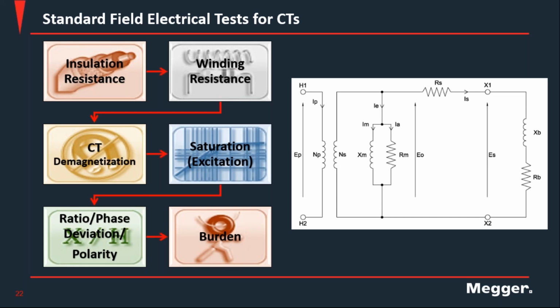Remember that the excitation curve has two sides. It has the linear part, the operation point where you want the CT to operate with low excitation current and relatively high voltage, and then you have the other linear part, the one that's beyond the knee point. In that other part, for small changes in voltage, you have huge changes in the excitation current.